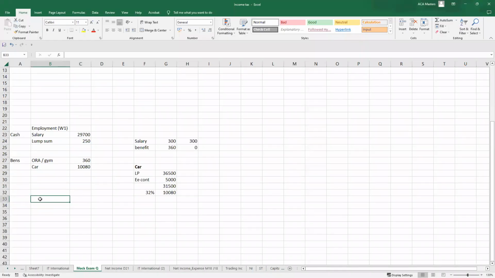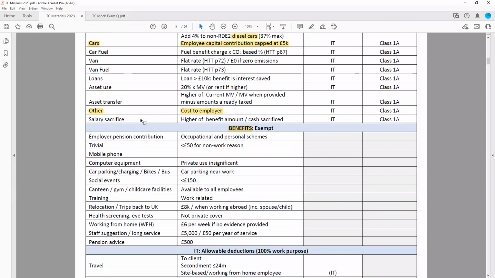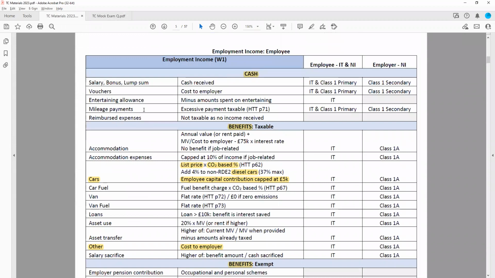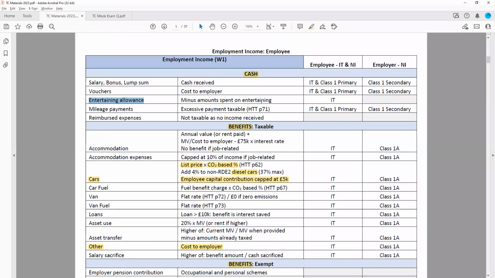We could have this here: entertainment paid, not deductible or not allowable. To be really quick in the exam, you could even just put disallowable, like that. Now, if instead though, they had given him an entertaining allowance, if this wasn't called lump sum allowance, if this was called entertaining allowance, then he would only be taxed on the net amount.